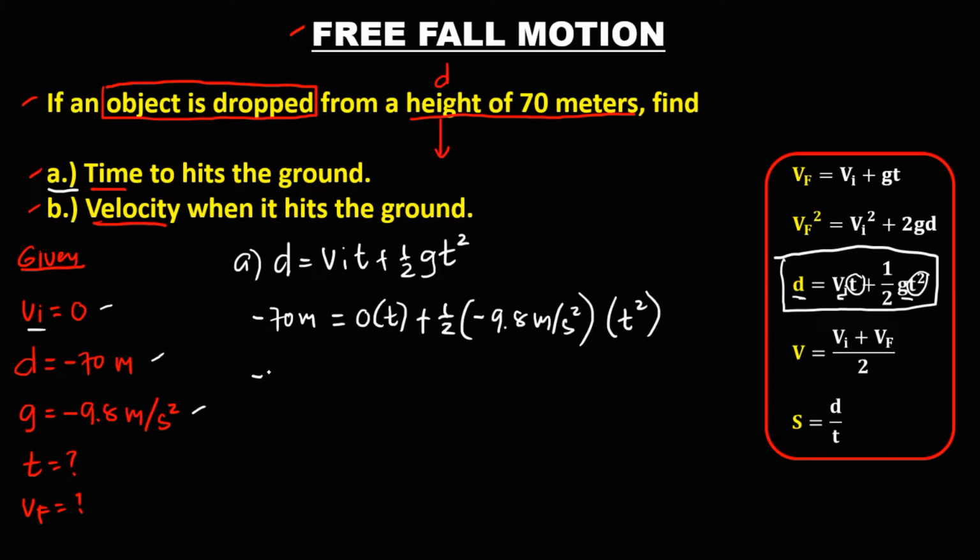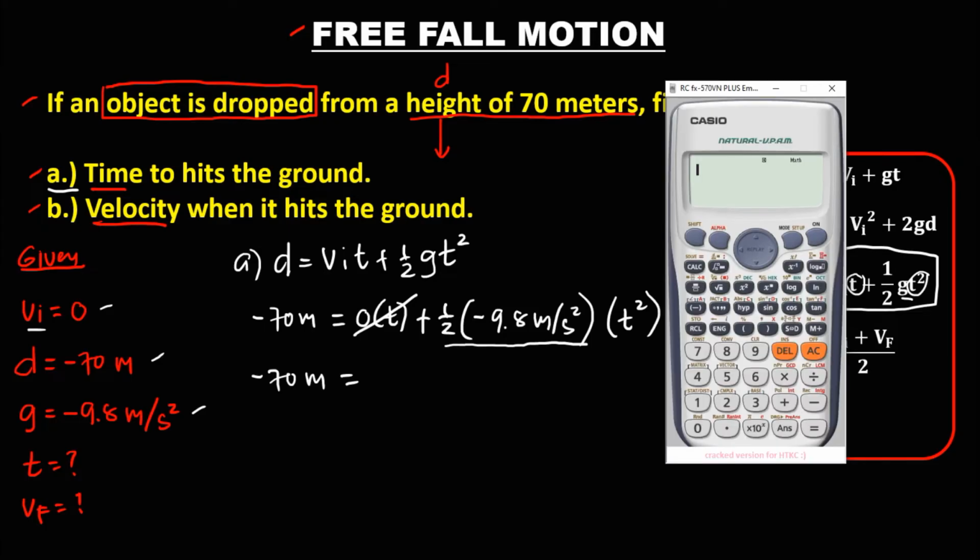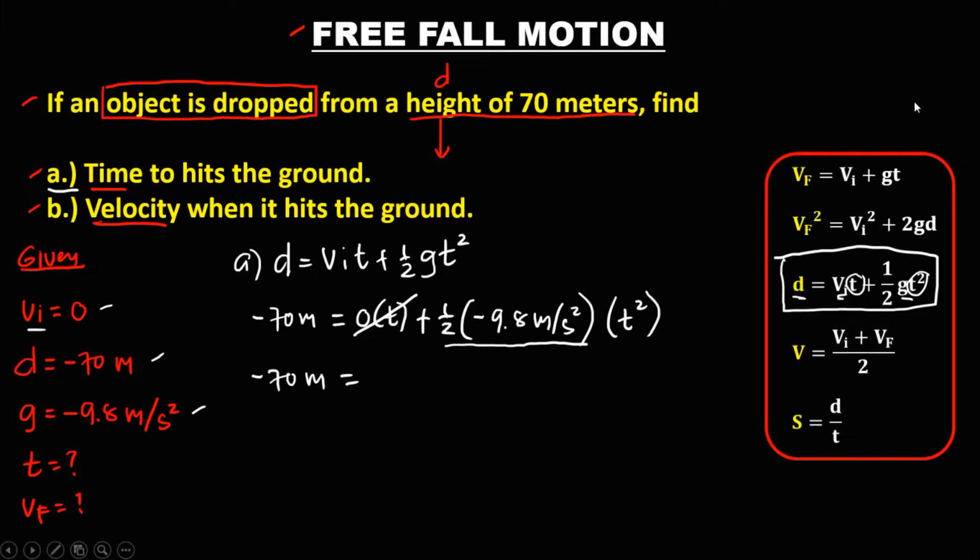Then to simplify, we have negative 70 meters equals 0, plus 1/2 times negative 9.8, that's negative 9.8 divided by 2. So that's negative 4.9 meters per second squared times the time squared.